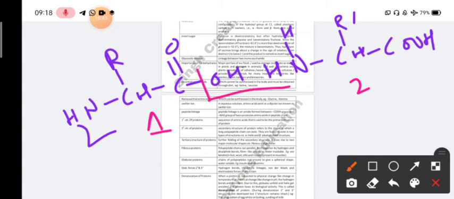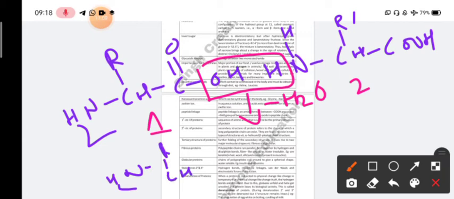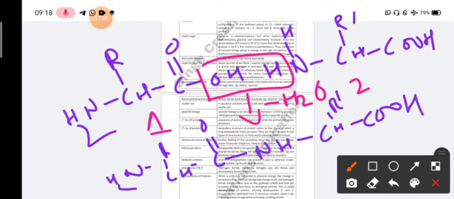So what happens here, this H2O will be removed from this system and it will form a compound like NH2 R CH C double bond O NH CH R dash and COOH. So it will form this kind of structure. Okay, not polymeric, a dimeric structure, because here two amino acids are being combined.